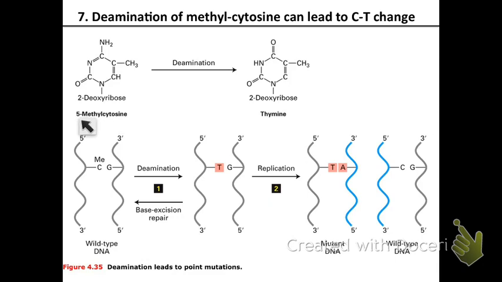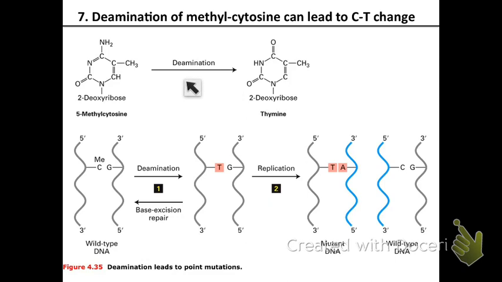So it is the addition of a methyl group on the 5th carbon, right? And then if that 5-methylcytosine gets deaminated, so that's removal of this amine group here, it basically turns into a thymine, okay? So that 5-methylcytosine can turn into a thymine if it loses that amine group.